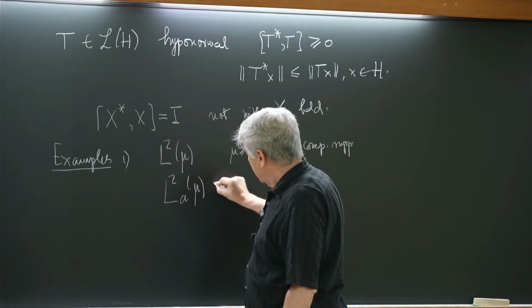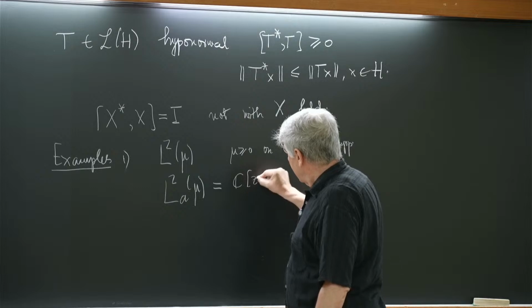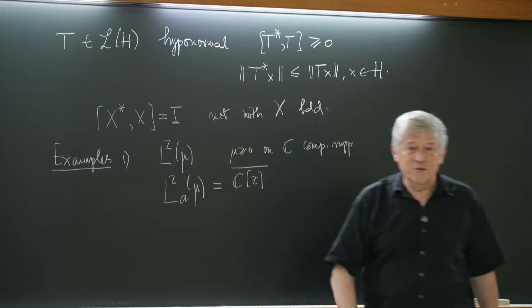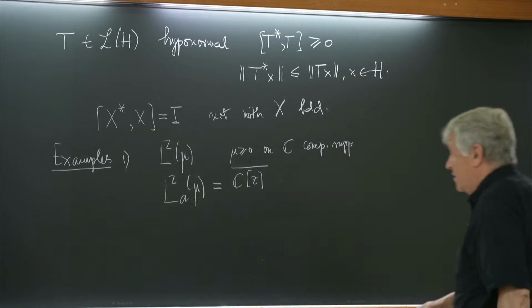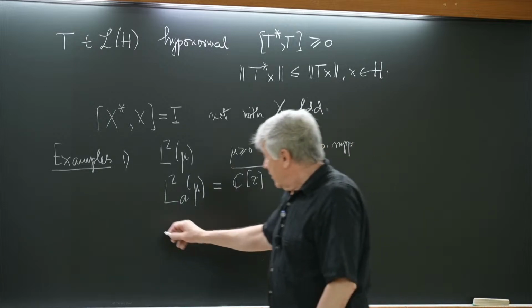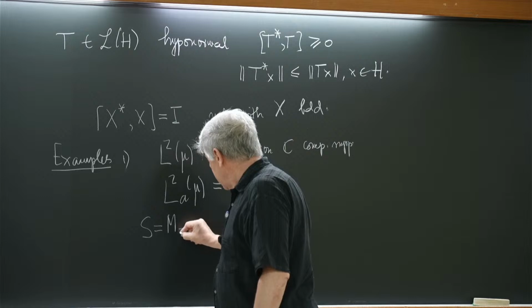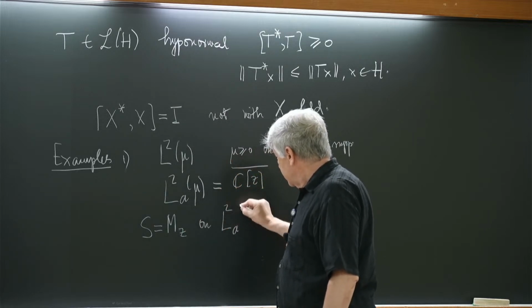You remember we had a long discussion, when is this equal to L2? Not a trivial question. It's a subspace. And take S to be the multiplication by the variable on this subspace.